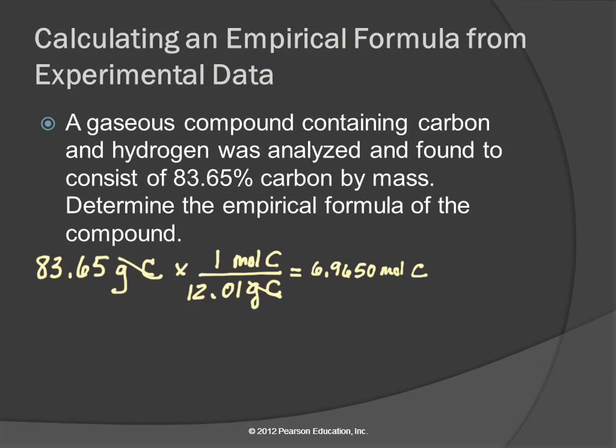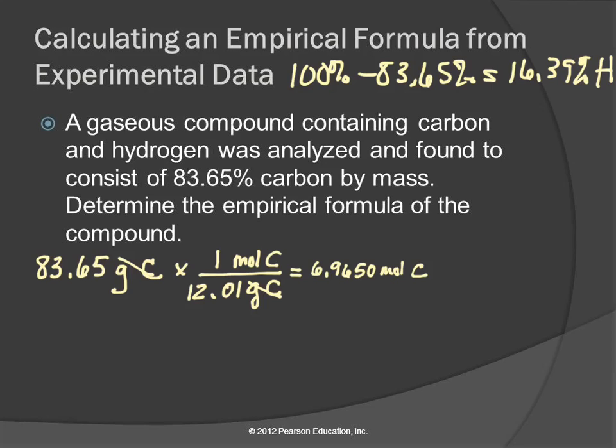They didn't give us any information about the hydrogen. If 83.65% is carbon and there's only 2 elements, what's the percent of the other one? 100% minus 83.65% is 16.35% hydrogen. Because it has to add up to 100%.